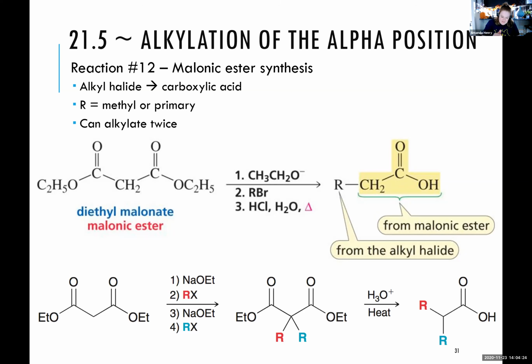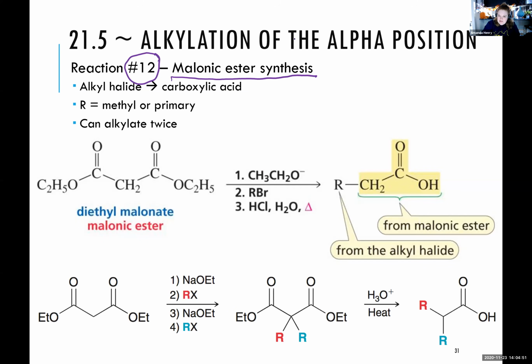Reaction 11. So we are going to get into a series of reactions at the end of this chapter. There's 16 reactions in total, and we're going to talk about the last handful here. They all look kind of busy. The first couple that we're going to talk about, though, look worse than they really are.